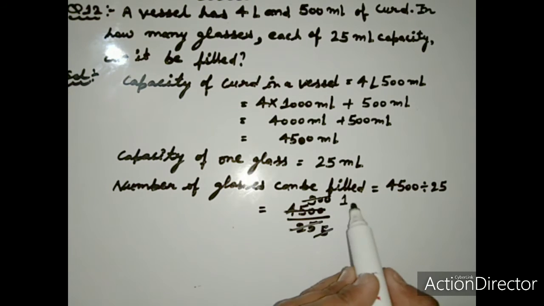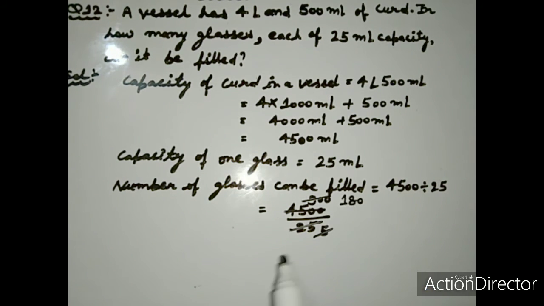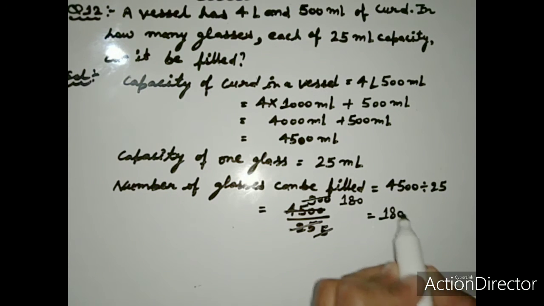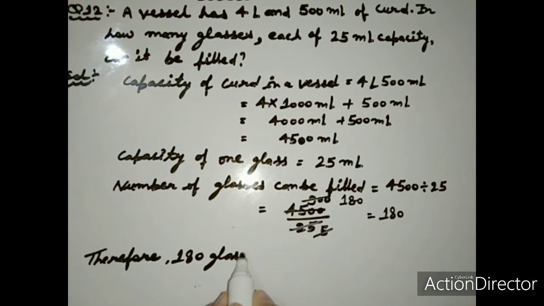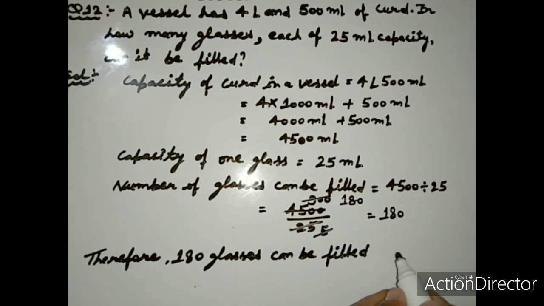Here 4 is left here, and 5 8s are 40. Then here we get 180. So here we write the final statement. Therefore 180 glasses can be filled by curd.